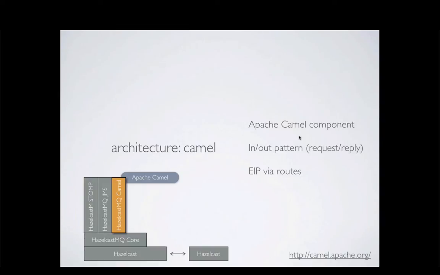It lets you use all the enterprise integration patterns within Camel and use HazelcastMQ as an endpoint just like any other endpoint. It supports out only, in out, and in only messages, and in Camel, in out essentially means request reply. That really makes request reply super simple in the application, which means it's pretty easy to do RPC style messaging with Camel and HazelcastMQ, because Camel can expose a Java interface as a gateway to your message system.